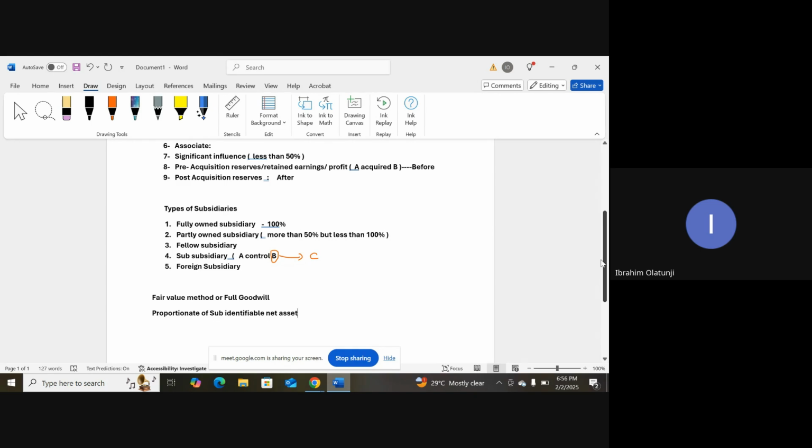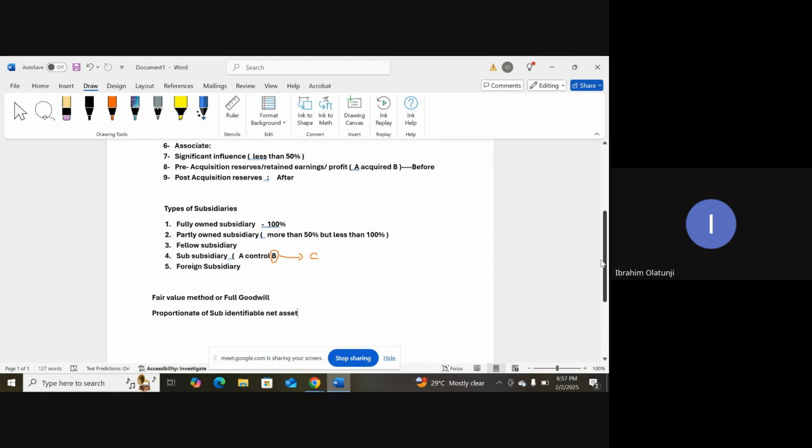But for examination purpose, are we there? Yes, sir. For examination purpose, the non-controlling interest should be measured based on the group policy.